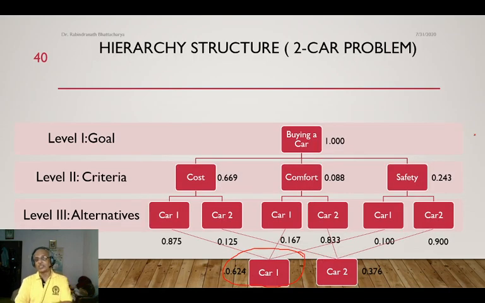So the hierarchy structure, if we make it for the 2-car problem: buying a car was the first level. Level 2 is cost, comfort, quality, safety, for which we have found the weights: 66.9, 8.8 and 24.3. For car 1 and car 2, the matrices' priority weights we have given here.